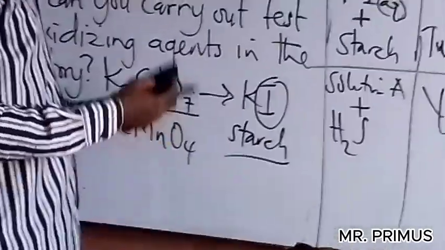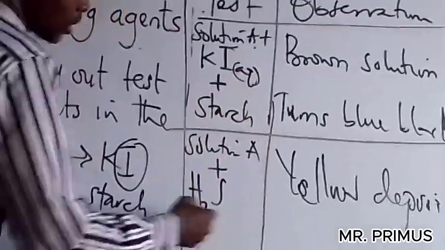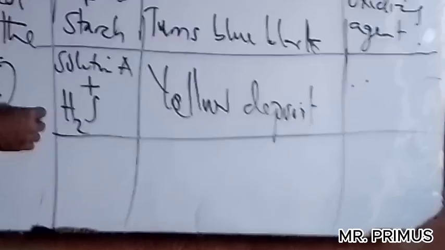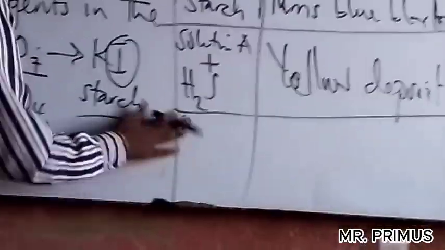So this is how to test for oxidizing agents. As well, you can also use iron II chloride. If you bring iron II chloride, FeCl2, or FeSO4, any of these, I'm going to carry out an experiment on this anyway.